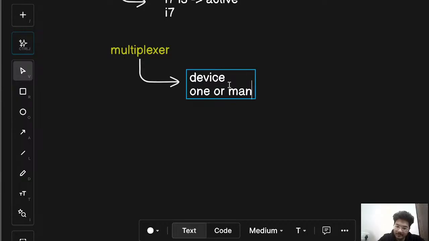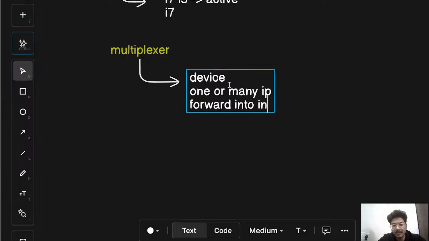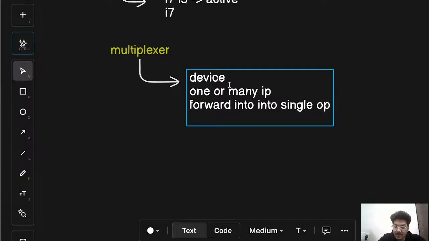Actually it is a device containing one or many input lines and forwarding one of them to a single output. And controlled by what?